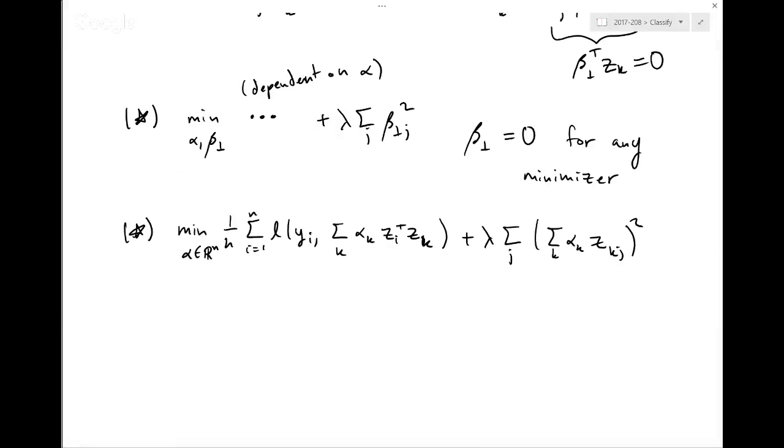So we can select the smaller of the two, n or p. We could solve the problem either in Rp, just p variables, or in Rn, depending on which is easier. So that's one sort of algorithmic implication.